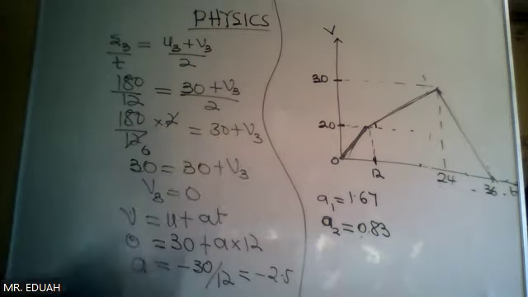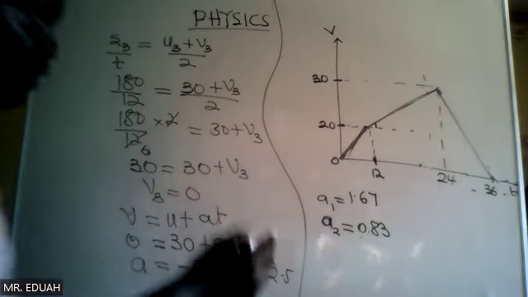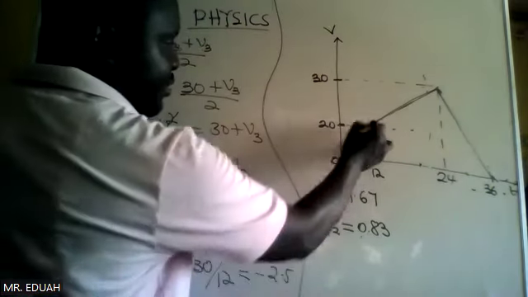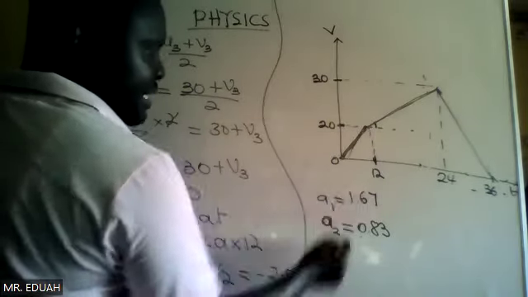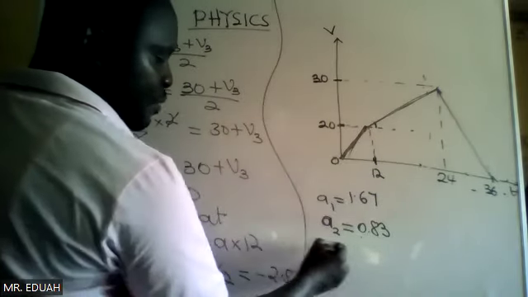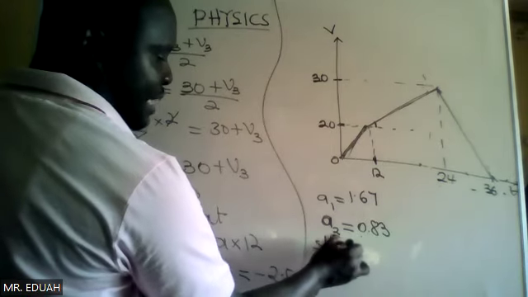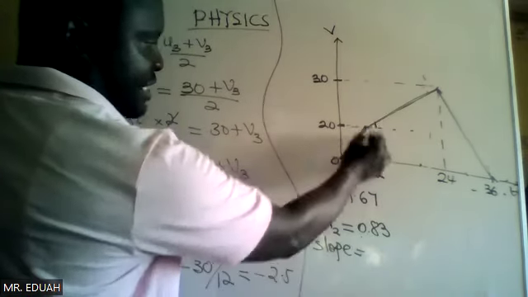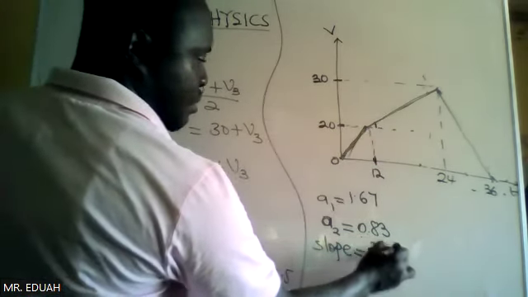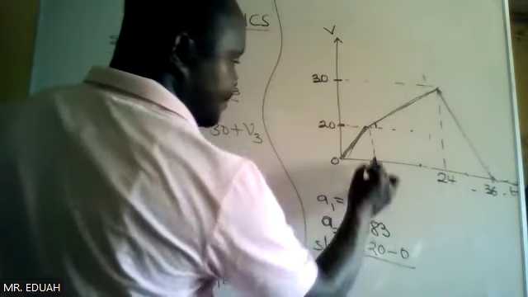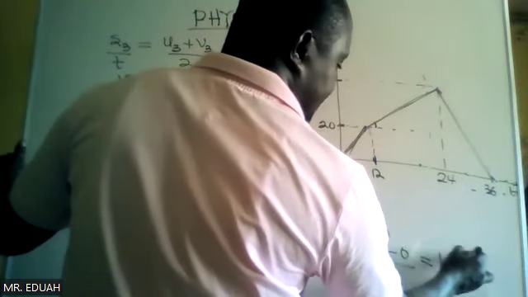Let's use our graph to confirm. So the acceleration of the first part is the slope of the first part of the motion. Change in the vertical, so 20 minus 0 over 12. And this is 1.67 meter per second squared.